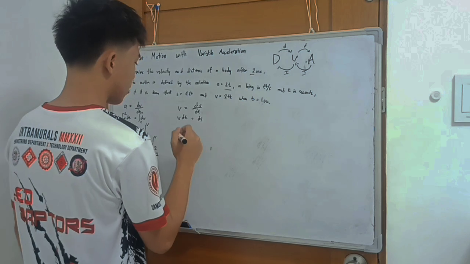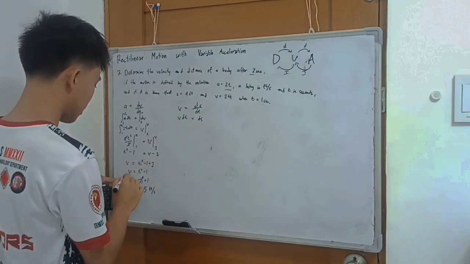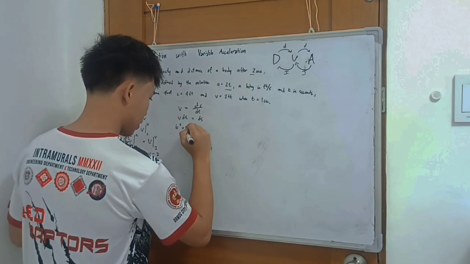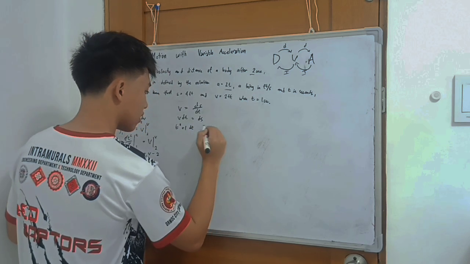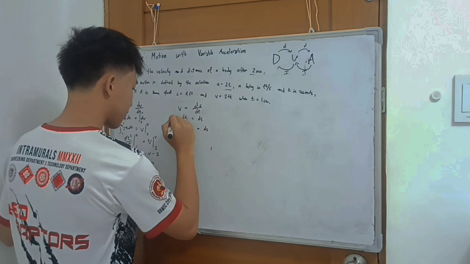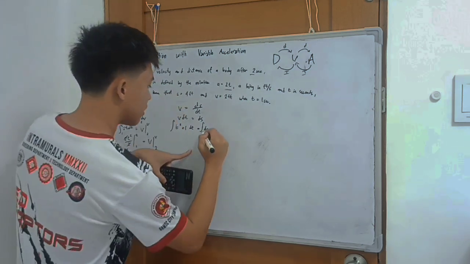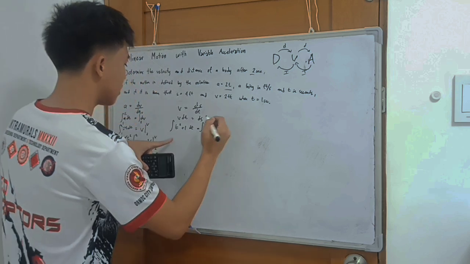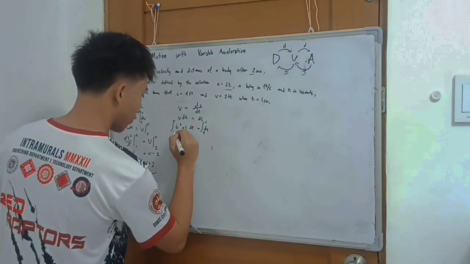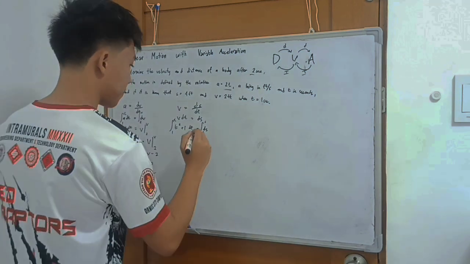We can substitute this equation: t squared plus 1 dt is equal to ds, and we need to integrate it with the limits of distance 4 and s, and time 1 and t.